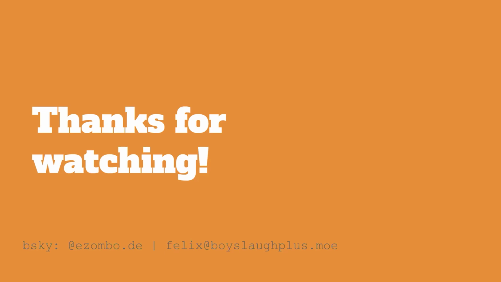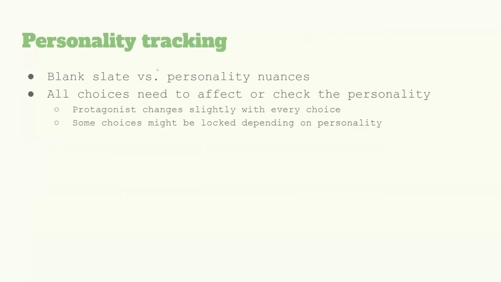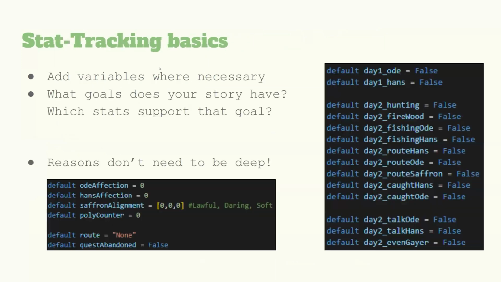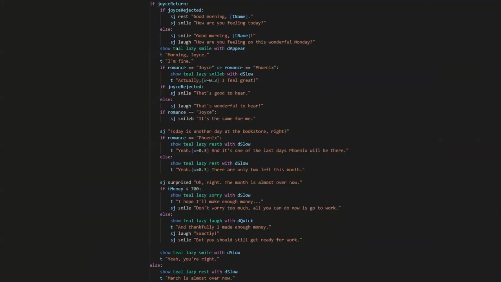Yeah, so I think there might be something in one of the examples here already. In this one, for example, this is a little hard to parse, but basically this is the scene where the protagonist wakes up the day after deciding which character to romance, and the character that they could have rejected is the one who greets them.